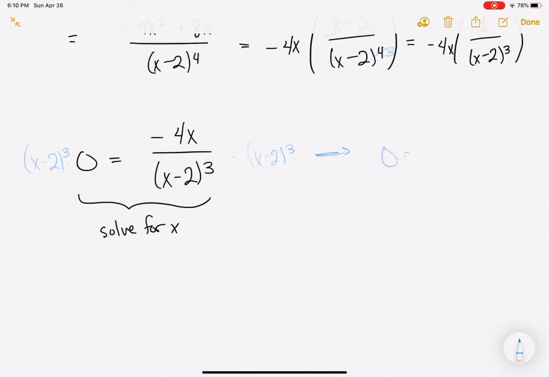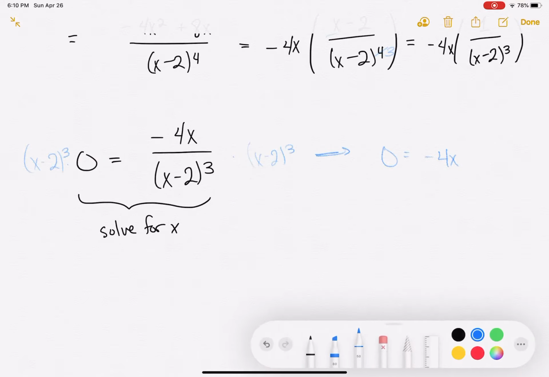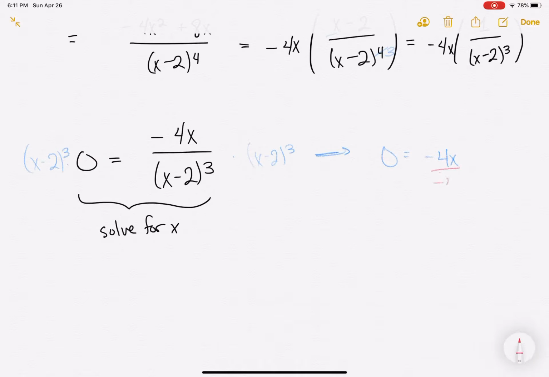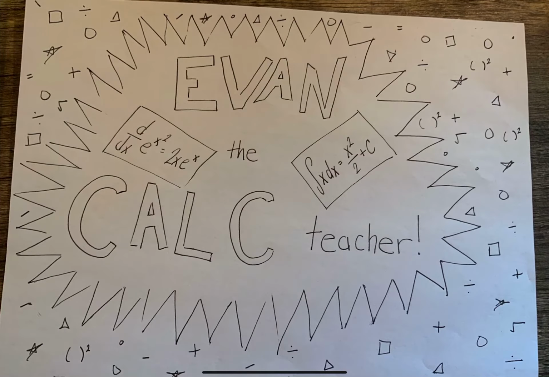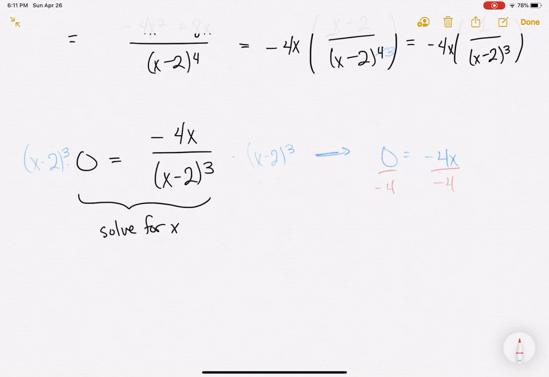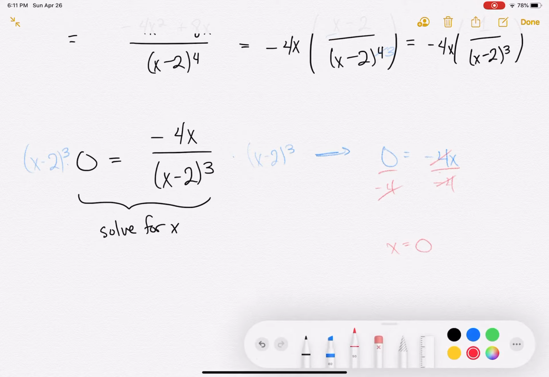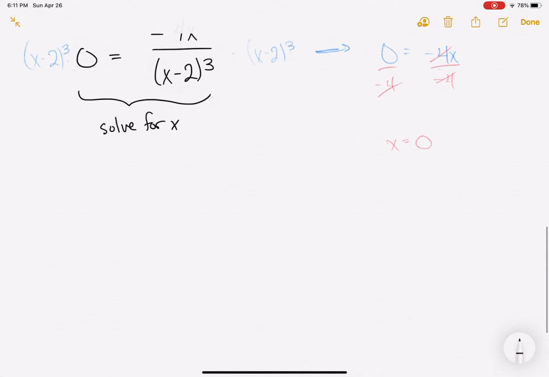So that gives you 0 equals negative 4x, and then if you want, you can divide both sides by negative 4, and all of a sudden give yourself x equals 0, or you can just look at it and notice that x equals 0 works. So this is your critical point.